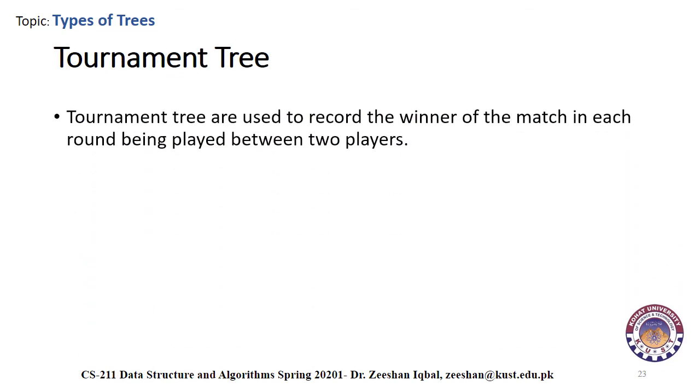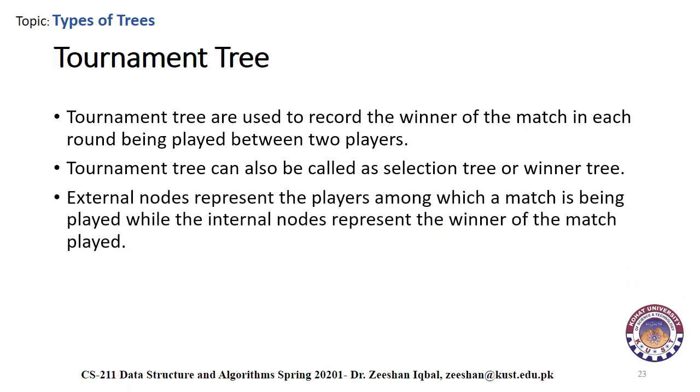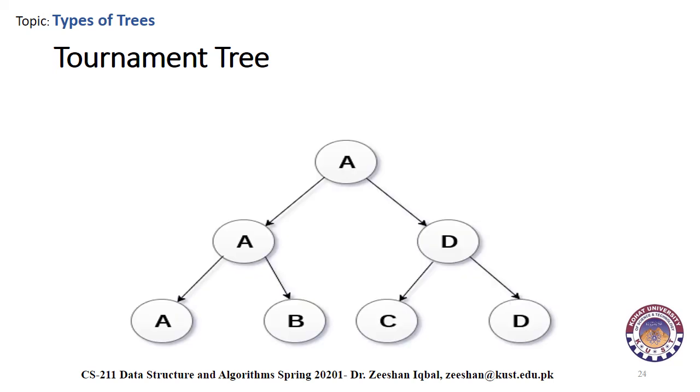Tournament trees are used to record the winner of a match in each round being played between two teams or two players. External nodes represent the players among which a match is being played, while internal nodes represent the winner of each match. At the topmost level, the winner of the tournament is present as the root node in the tree. In the following diagram, the tree shows four values A, B, C and D, for example a tree of a chess tournament being played among four players.